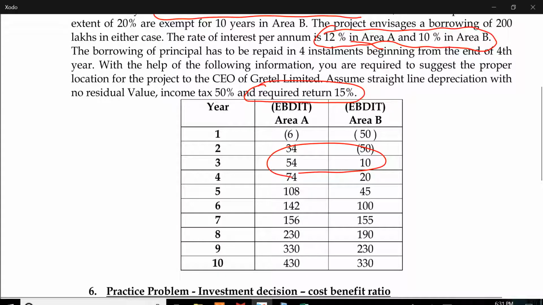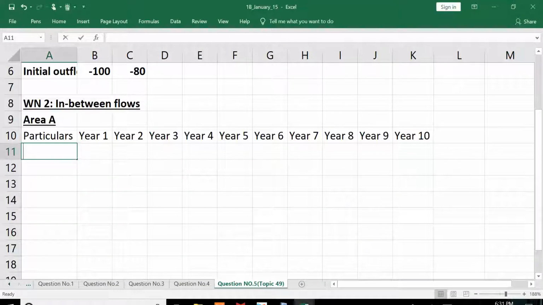The starting point is EBDIT, earnings before depreciation, interest and taxes.